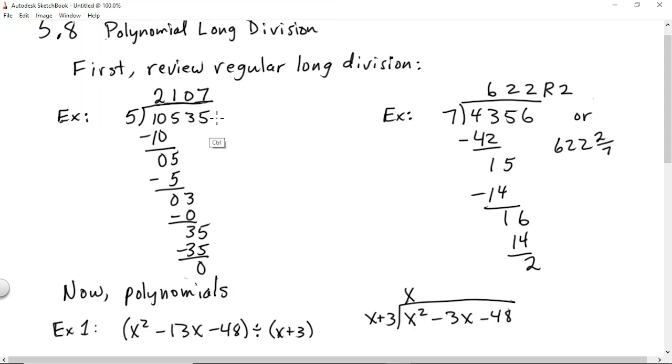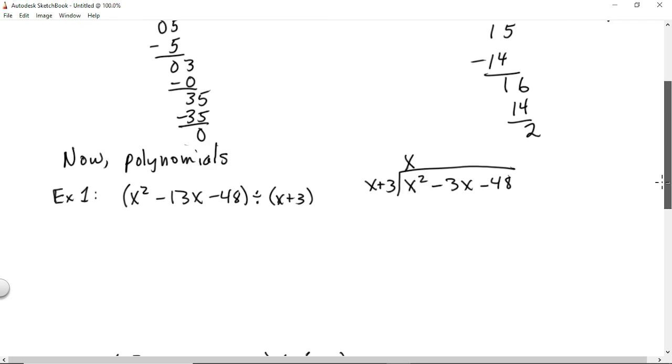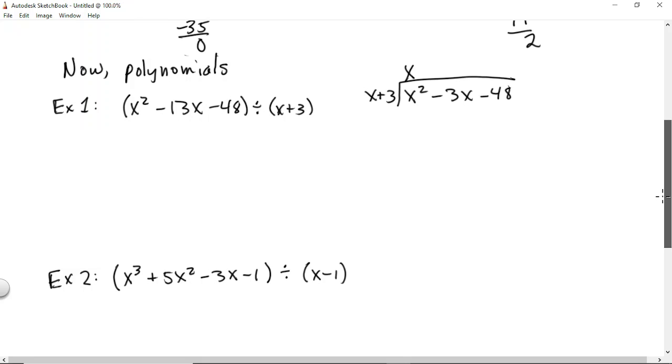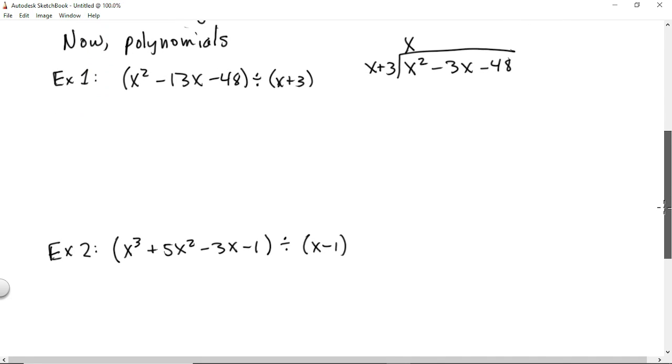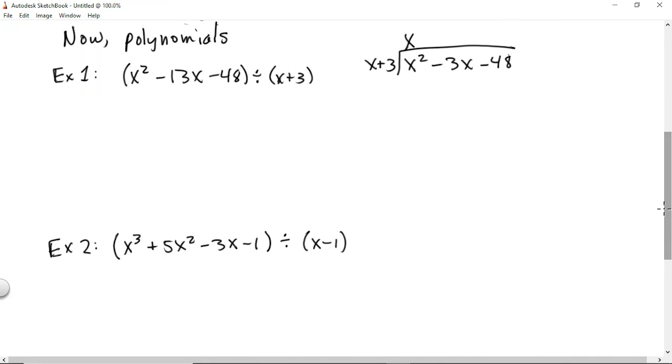That's why we chose 2. Okay, so this time it's x. And so now we do that multiplication, x times the x plus 3. We multiply it by the entire thing, x plus 3. So x times x is x squared. x times 3 is 3x, plus 3x.